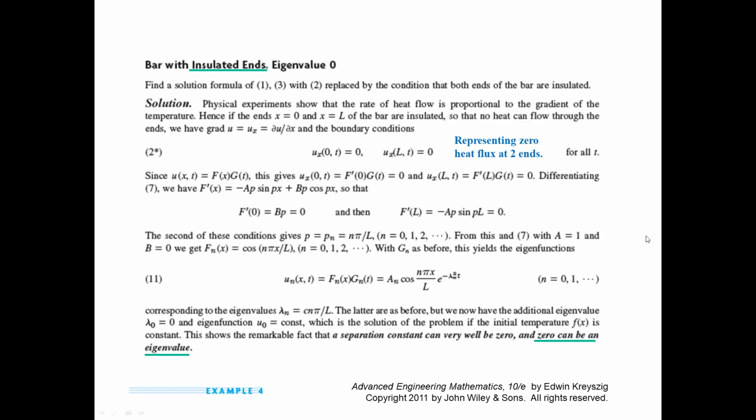And there is another type of problem. If the two ends of the one-dimensional object are well insulated rather than kept at 0 temperature, how do we get the solution? Do we really have to derive the equation starting from scratch?